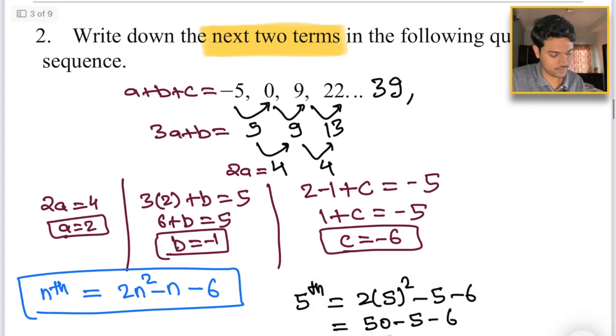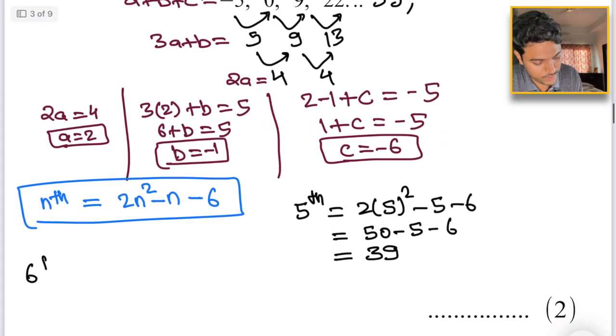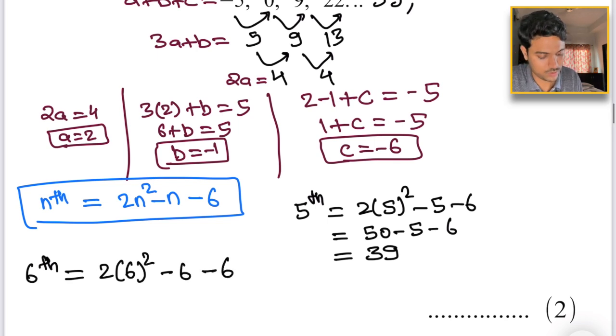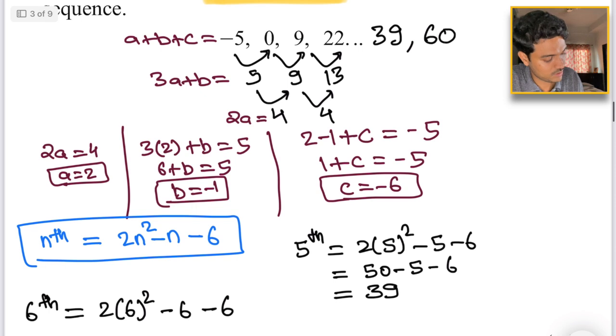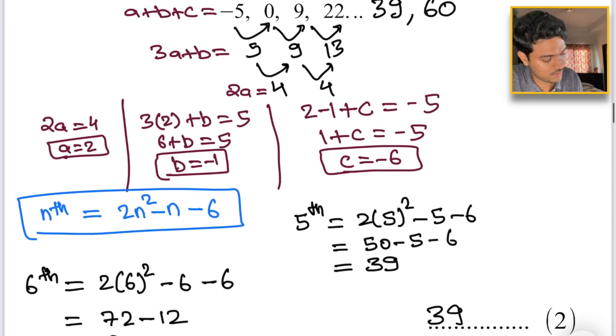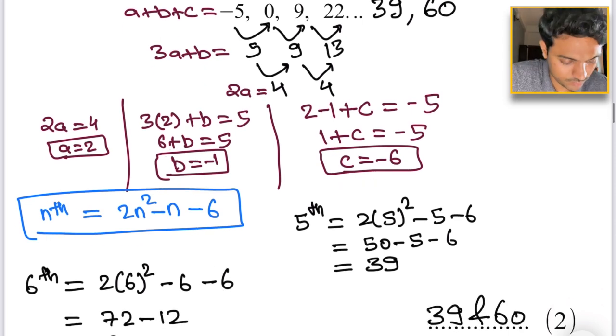And the next term, sixth term, will be 2 into 6 square minus 6 minus 6. So 6 square is 36, 36 into 2 is 72, 72 minus 12, so that is 60. So the next term is going to be 60. The answer is 39 and 60.